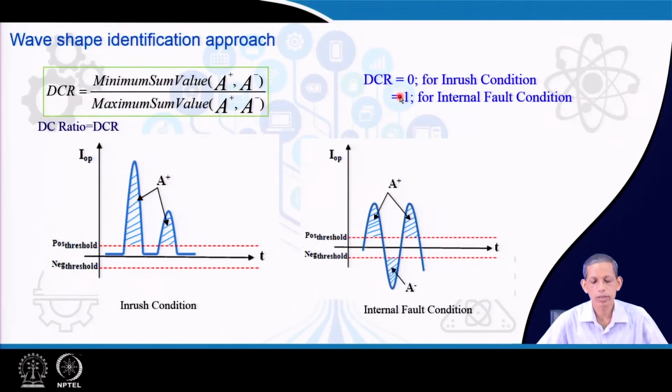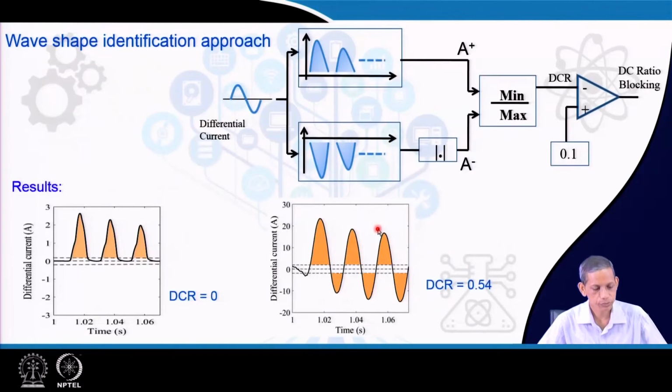So, the DCR value reveals whether it is an inrush situation or an internal fault situation, and it can discriminate effectively. The concept behind it is the wave shape approach. Wave shapes for the inrush are completely different from the corresponding sinusoidal nature of the internal fault.